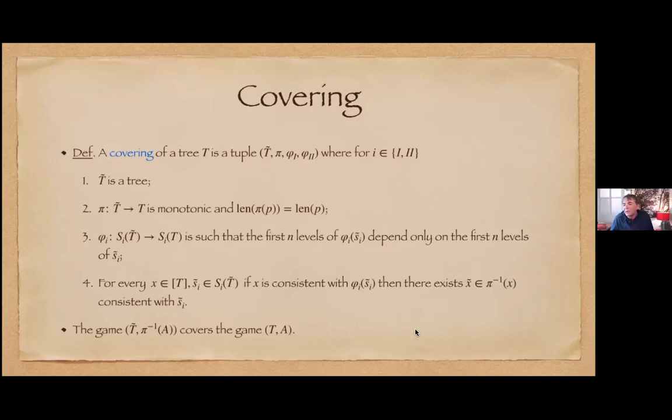You're depending on the entire subtree of depth n. So when you track the image, there are histories that didn't occur at all, alternative histories, which are not consistent with tilde S_1.